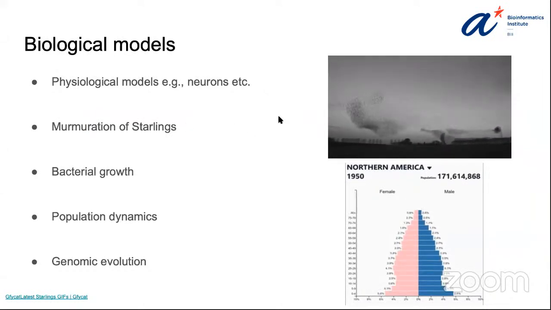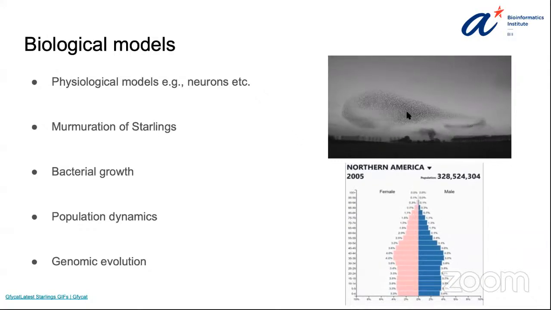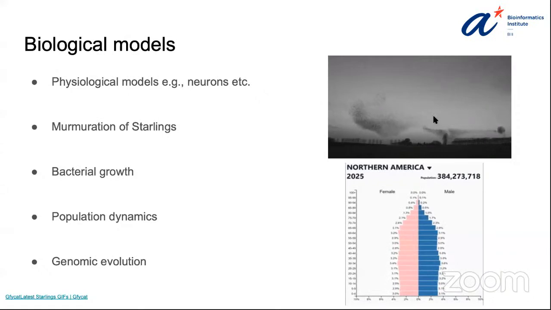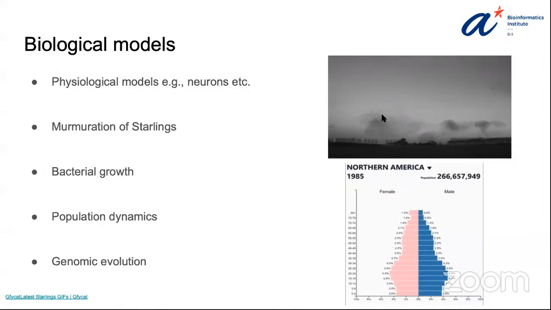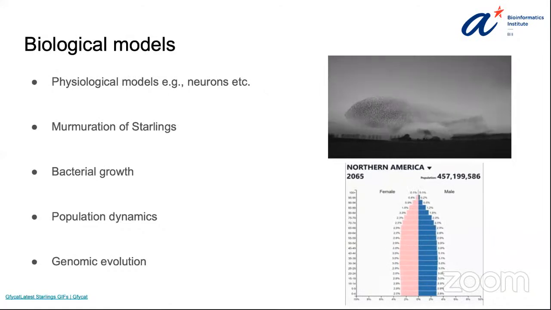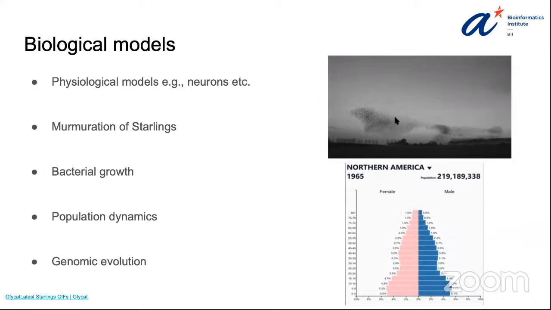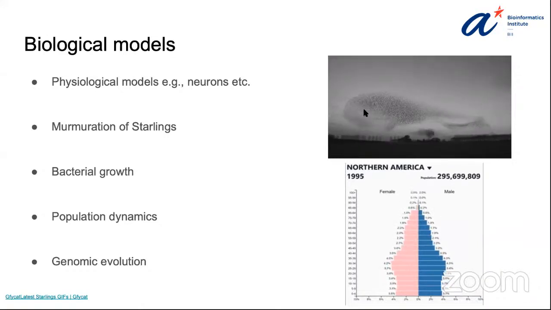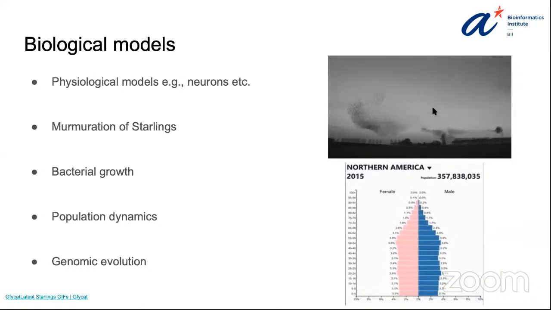Now you can see here that there is a kind of bird called starlings. Starlings fly around in these formations, which are called murmurations. And there has been a lot of work in trying to build models to explain what is happening here. Why are they flying like this? How are they making these beautiful formations in the sky, right?